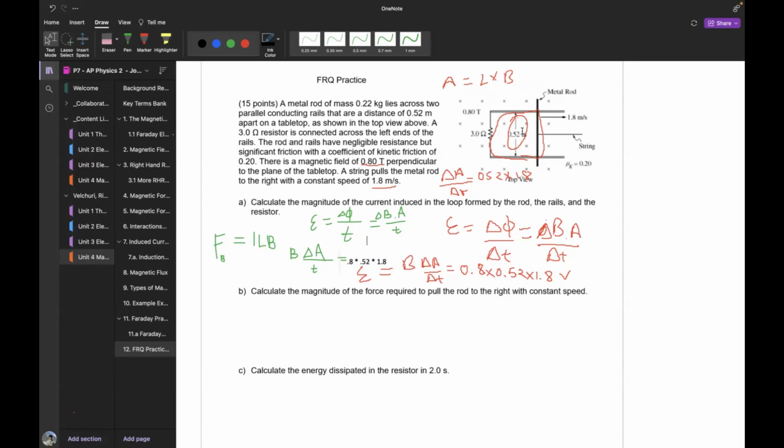So delta area by delta time means I'm doing delta L into B upon delta T. My length is constant, so again I can take it out from the derivative part. And what is the rate of change in breadth? It is 1.8, the velocity.